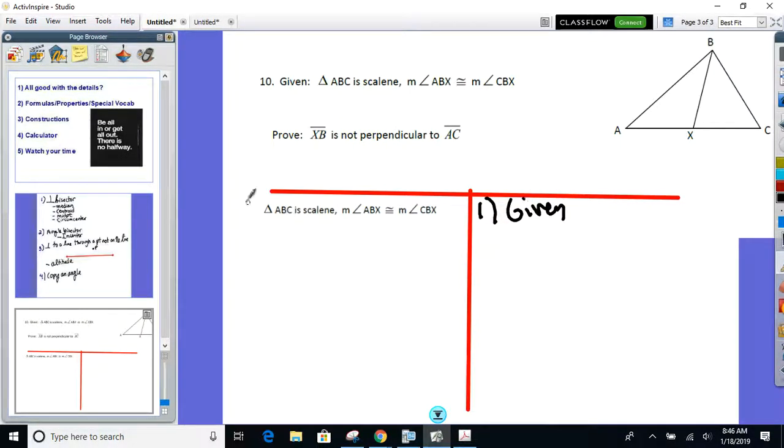All right, let's roll. What's my assumption? I know this is indirect, so what's my assumption?